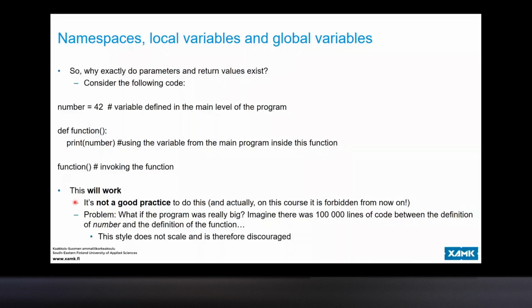The problem here is this program, this code that I just demonstrated, is 4 lines long. There are 4 lines of code. Well, imagine you were working with a program that has many more lines of code. Maybe there were 100,000 or 200,000 lines of code in this program.